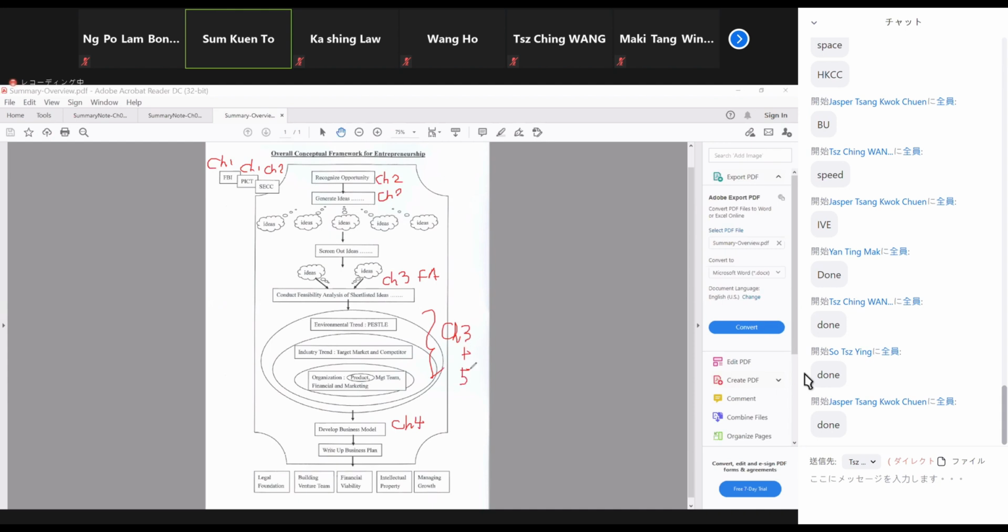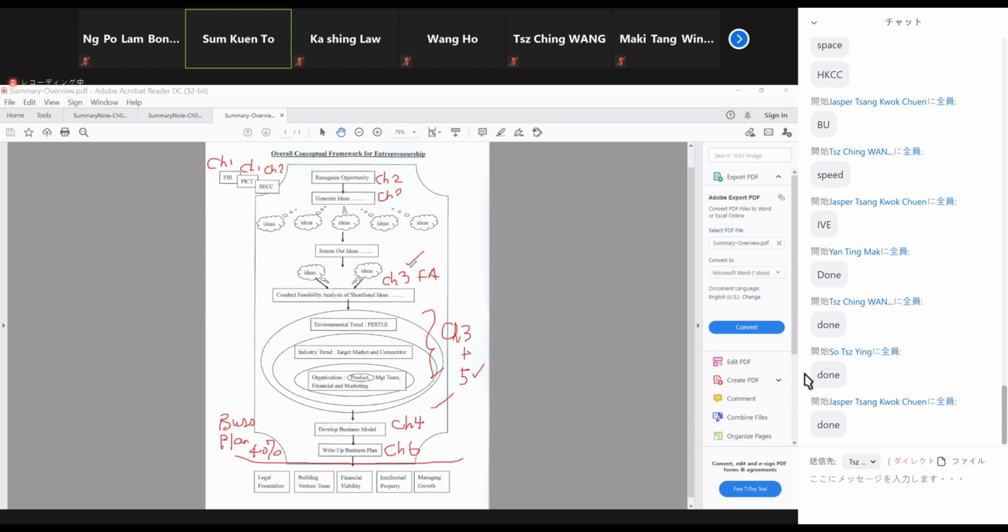Now we are here, chapter 6, and if we finish chapter 6, you should be able to conduct your business plan. The business plan accounts for 40% of the assessment, 40%. And that's why you can see from here, whatever I learned, in particular chapter 3, in particular chapter 5, and also part of chapter 4 will be very important.